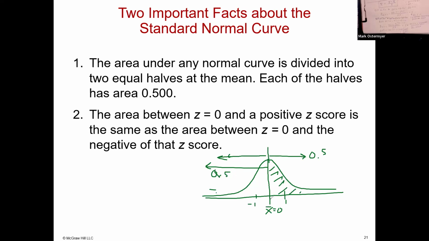Now the area between 0, the mean, and any positive z-score is equal to the area between 0, the mean, and the same z-score, only negative z-score. So there's the same amount of area in here. Okay. Well, let's go on here.